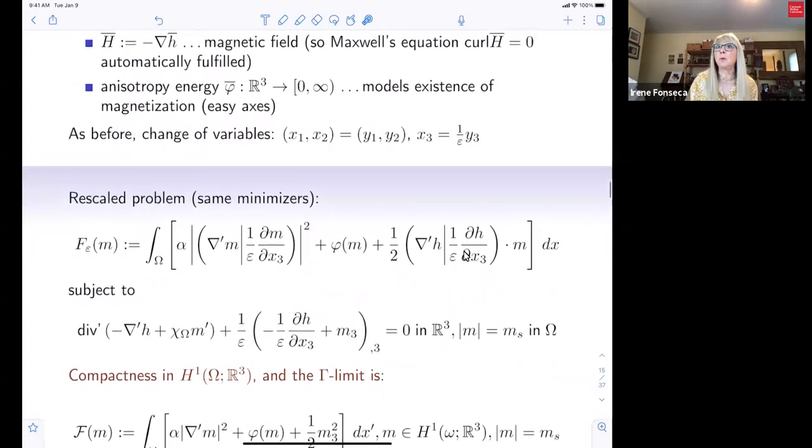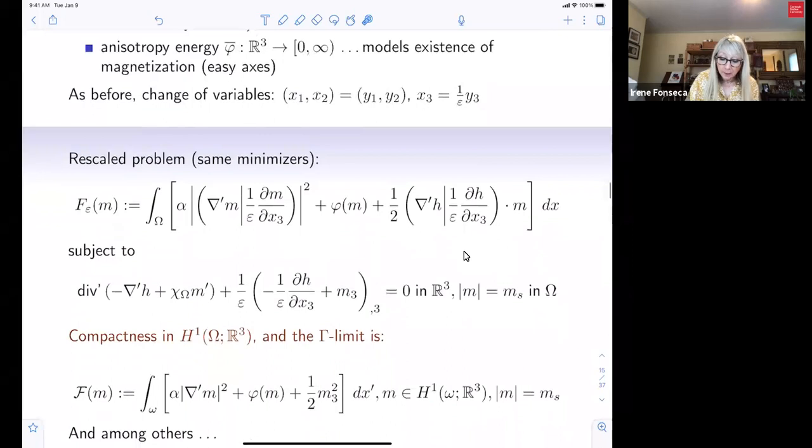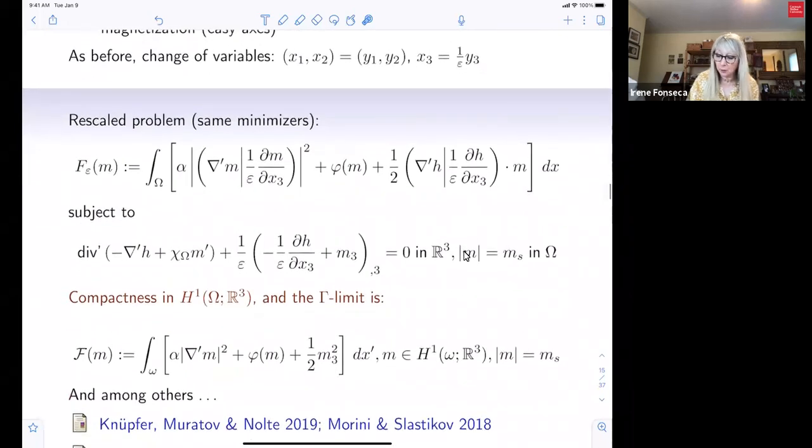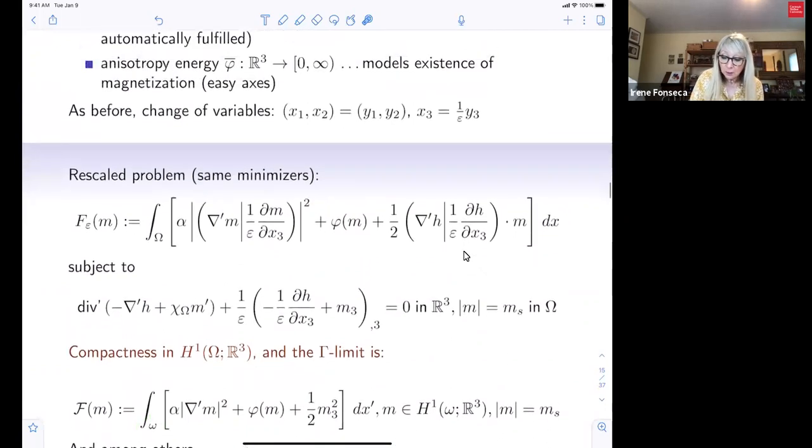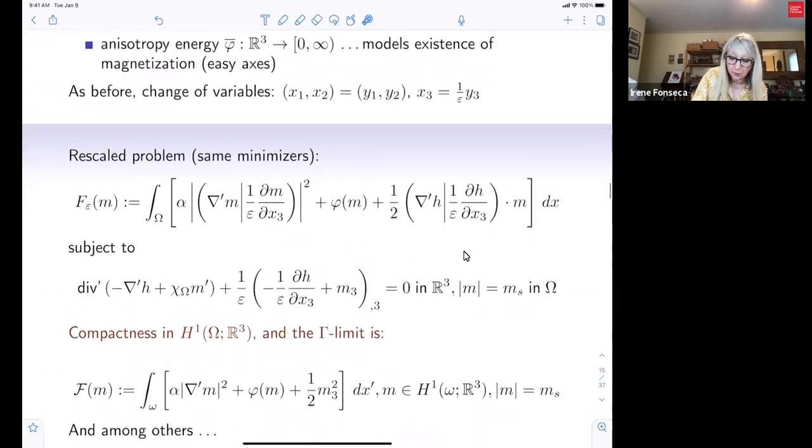And you can prove that you have compactness, and you can prove that the gamma limit that you obtain is, again, you're going to lose the dependence on x3, and you're going to pick up something which looked very similar. So the exchange energy is basically the same, just with 2 derivatives. This is the same.